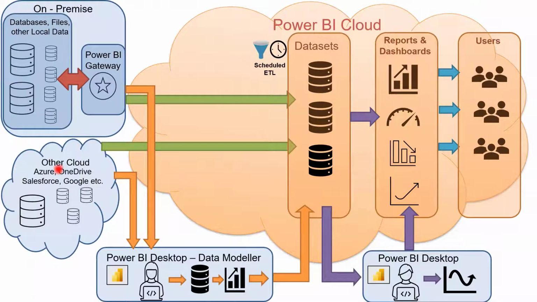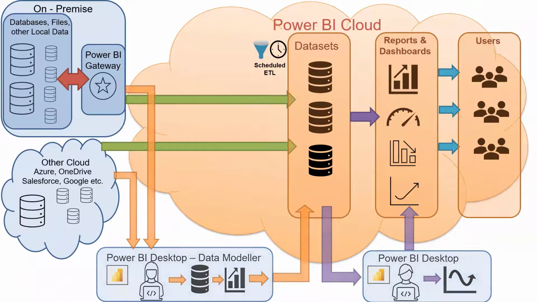In this case, if we're not implementing data flows, the Power BI desktop user, the data modeler, just takes data from the gateway or data from on-premise or data from the cloud-based systems, produces the data sets which other people can connect to make reports or connect reports out of the cloud, and our users are happy.